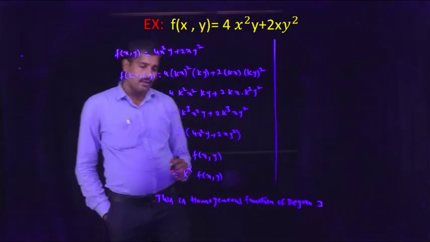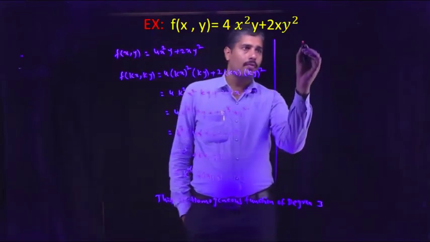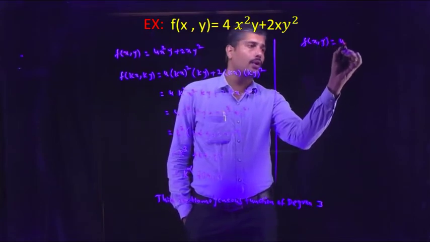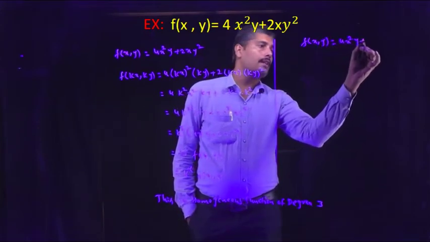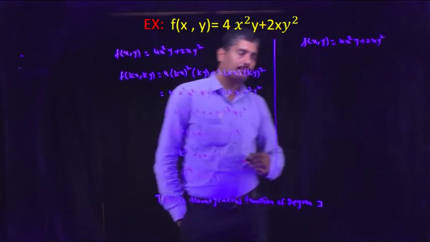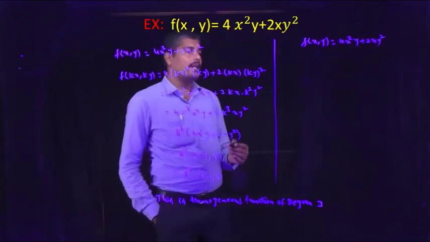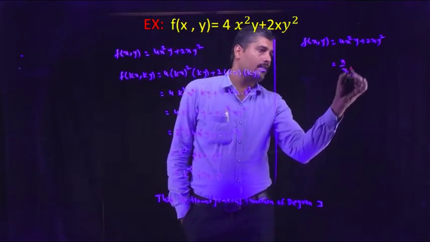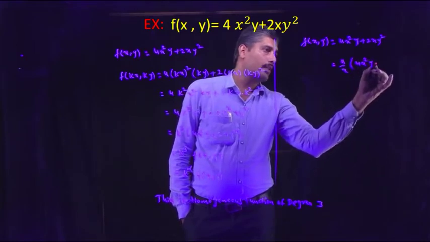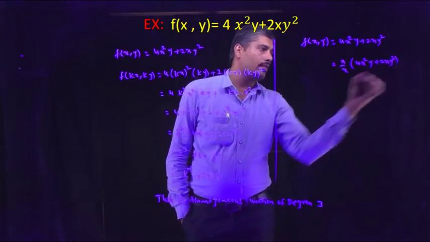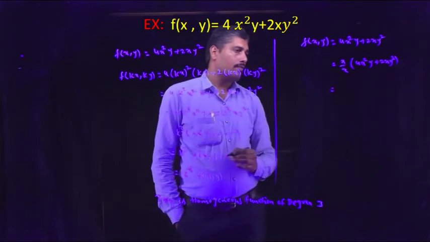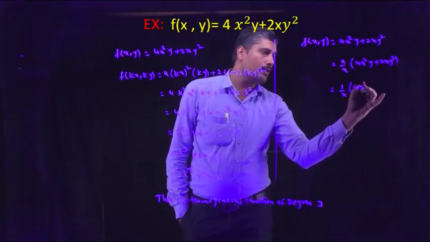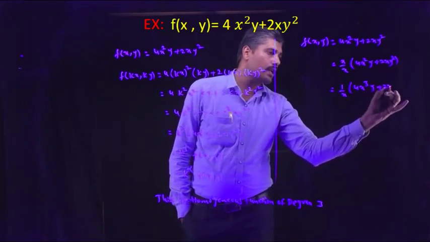See, another way we say that f of x comma y equals 4x square y plus 2x y square. Multiplying and dividing with x, that is x by x, equals 4x square y plus 2x y square, then we take 1 by x, equals 4x cube y plus 2x square y square.